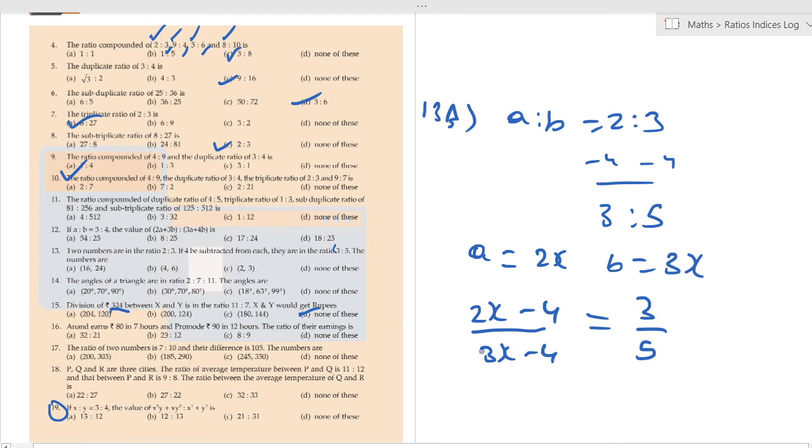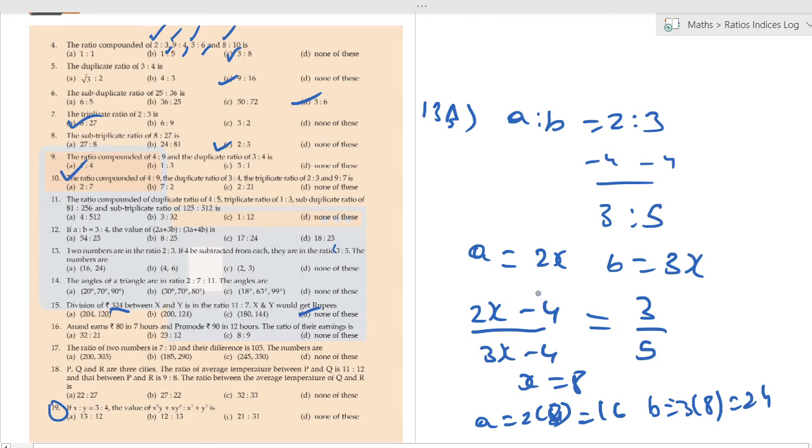The value of x you get will be 8. So A is equal to 2 into 8, that will be 16. B is equal to 3 into 8, that will be 24. So the answer will be 16 is to 24, A is to B.